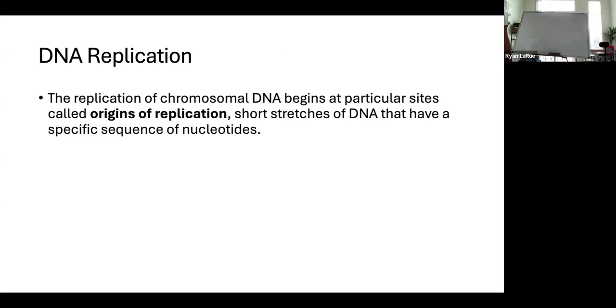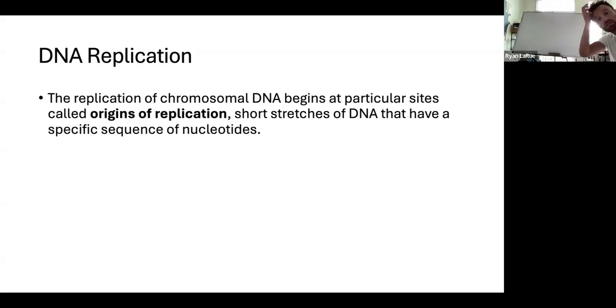So DNA replication. Before we dive in, there's this concept of an origin of replication. If you look along the length of a DNA molecule, there are areas, in some cases there'd be just one, which we'll talk about.